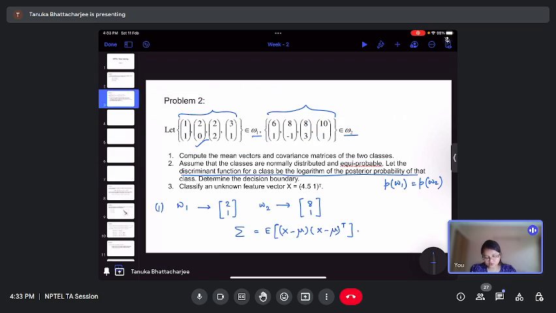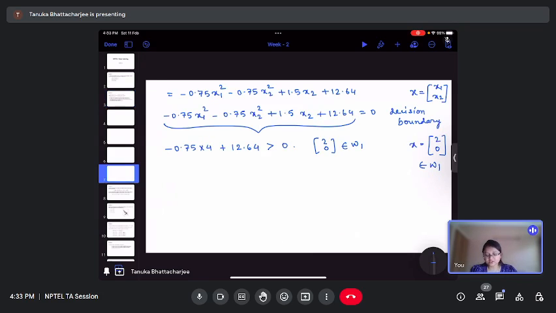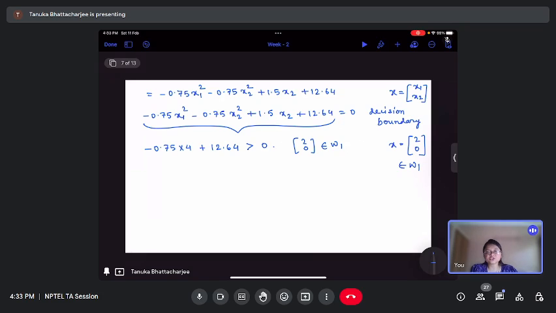Now let us move on to the last part of this problem. The last part was to classify an unknown feature vector x, 4.5 1. Can anyone tell me which class this will belong to? What will be the process to compute that? Again, you take this expression for the decision boundary, g1x minus g2x. You put your value here and simplify.